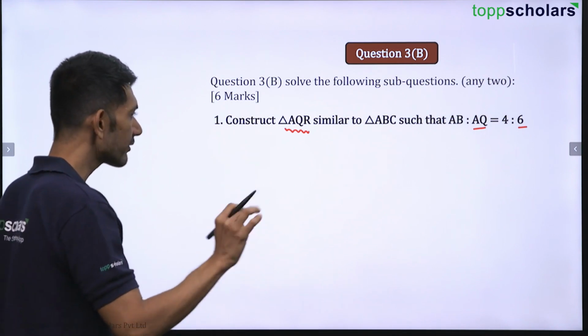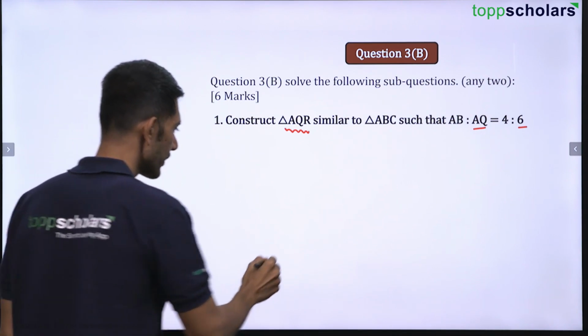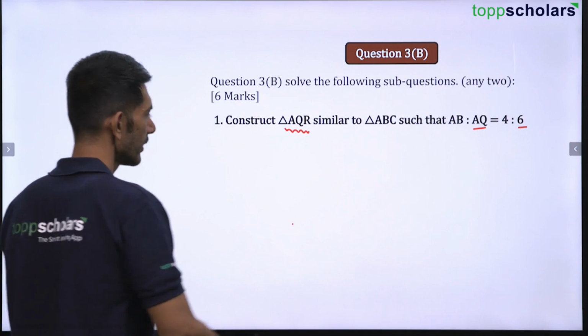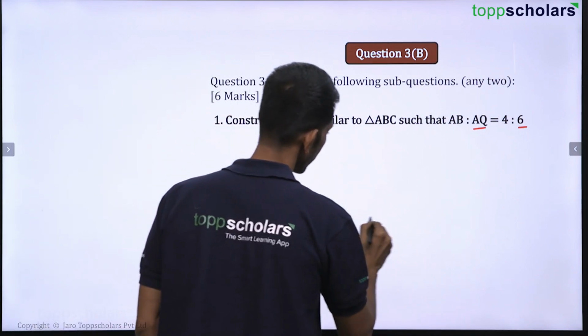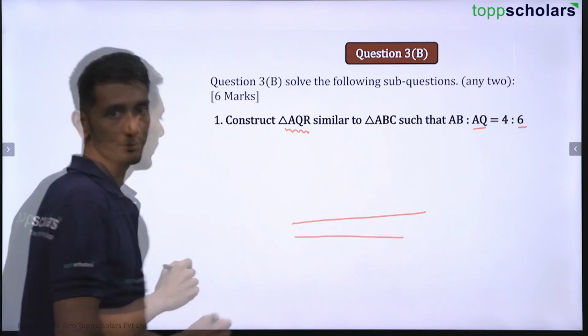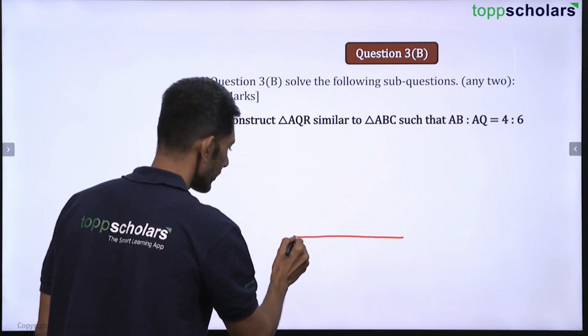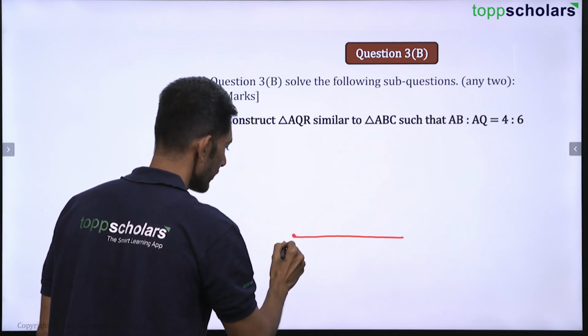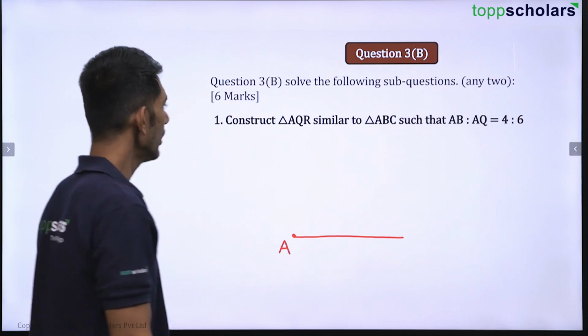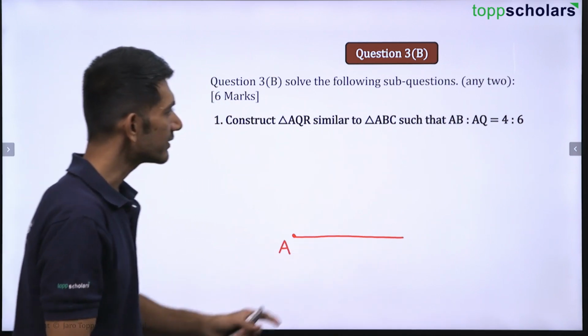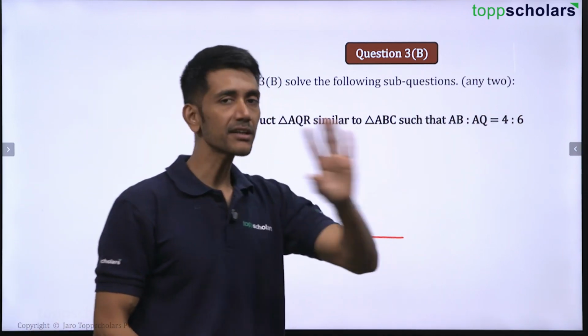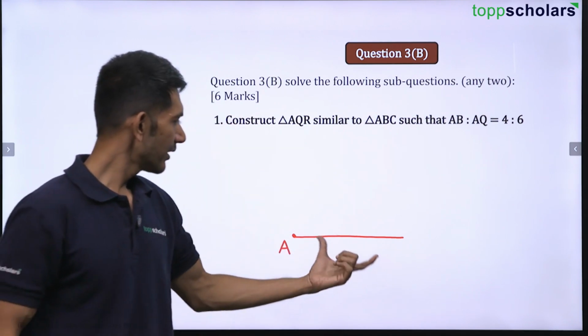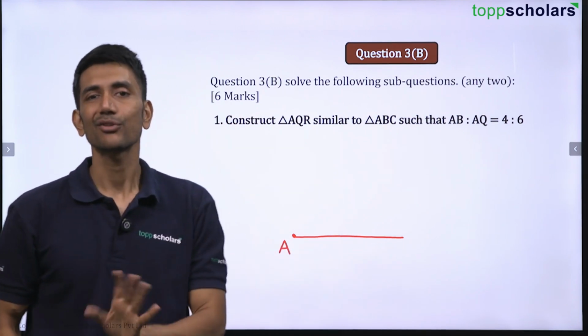So what I am doing is, understand what you need to do. Take a point and draw a line segment with the help of ruler. Name this point as A. Because AQ is not given. See, AQ is not 6. I repeat again. Don't draw this 6 centimeter. It is not like that.